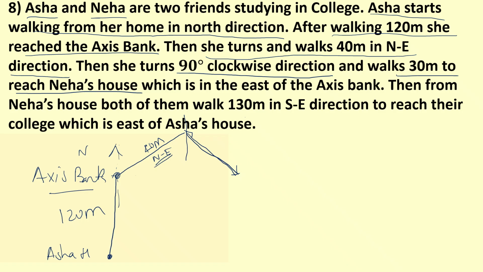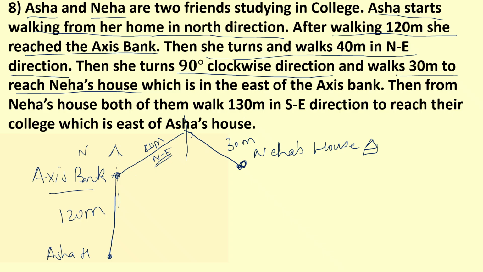Slightly lesser than this because this is already 40 meter, so slightly lesser you need to draw. Suppose this is 30 meter. Now she reaches Neha's house. This point is Neha's house.